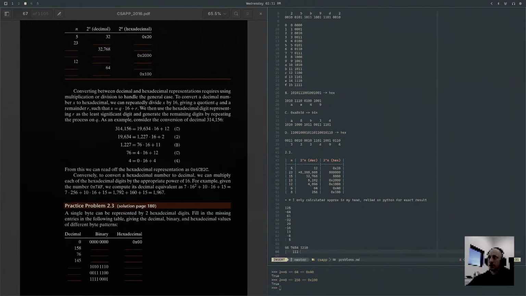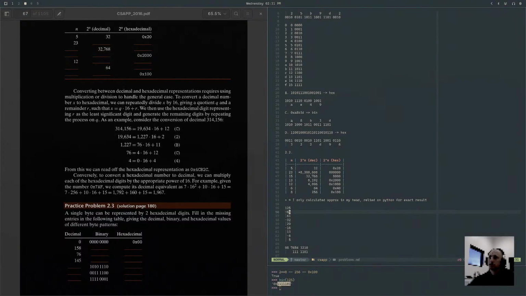So that'd be 8, 4, and 1. So the binary of 125 should be 1, 1, 1, 1, 1, 0, 1.